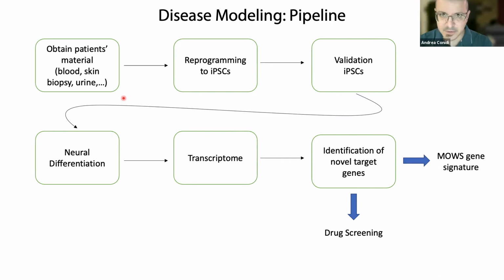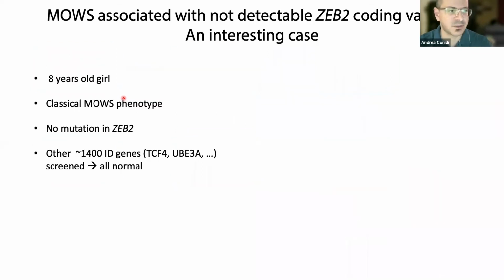And then I want to share something else. So in the recent years, we were also contacted by another clinician from Spain, who told us, well, I have this 8-year-old girl as a patient with Mowat-Wilson, clearly it is Mowat-Wilson, but we couldn't find any mutations up to sequence.